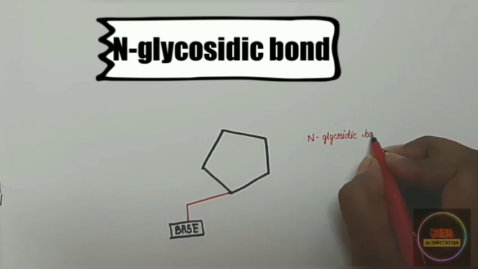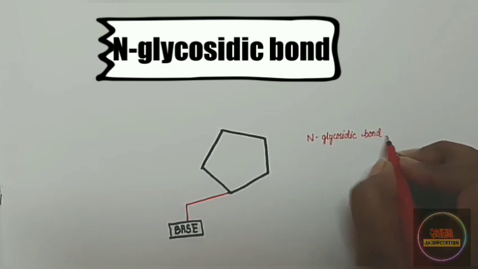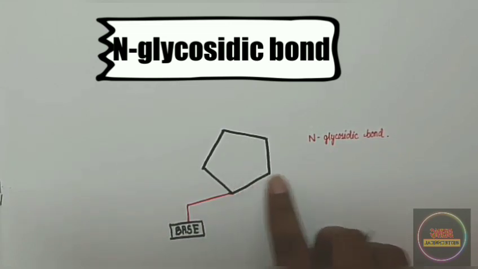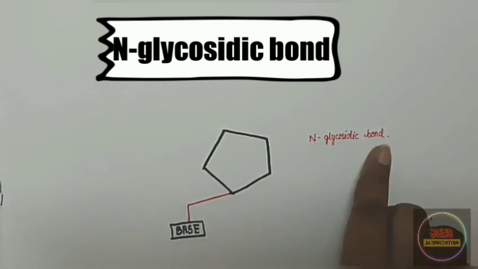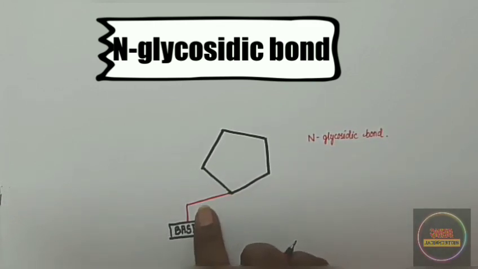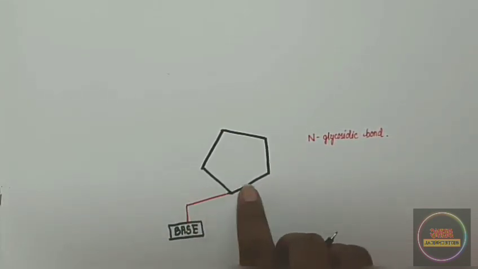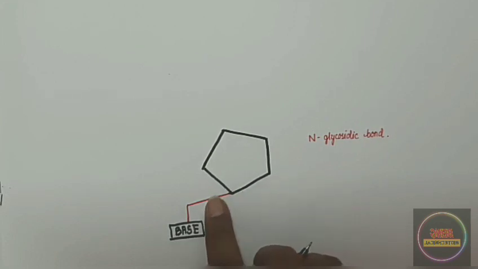Always remember that the nitrogenous base is attached to the pentose sugar with the help of an N-glycosidic bond, which I have marked in red. So, this is a nitrogenous base, this is a pentose sugar, and the bond by which they are connected is an N-glycosidic bond.